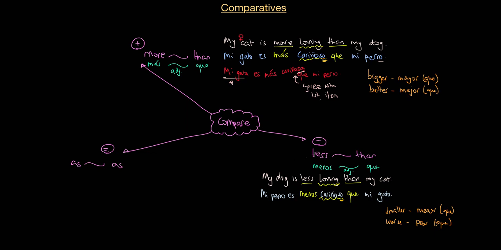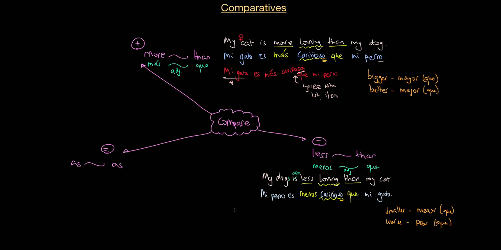If we look at this in the case of the less than, it's exactly the same. Let's say that instead of 1 dog, I've got more than 1 dog. So I want to say that my dogs are less loving than my cat. I'm comparing my 2 dogs to my cat.